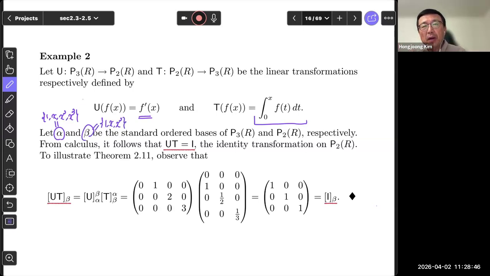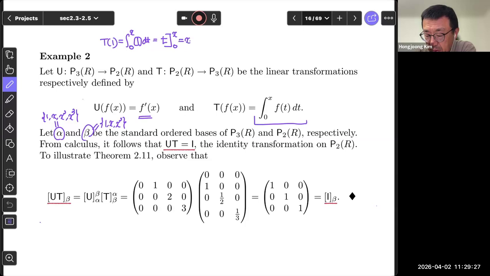We previously found the matrix for the differentiation, so let me just consider the matrix for T only today. To find the matrix for T, I need to consider the image of 1 under T. That means I need to integrate the function 1 from 0 to x. So you find the antiderivative of 1, evaluate it at 0 and x, and consider their difference.